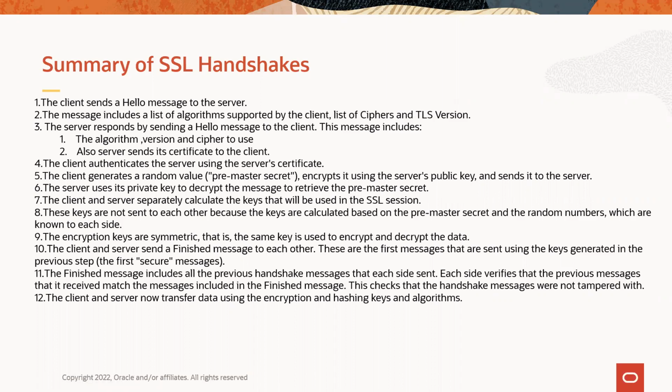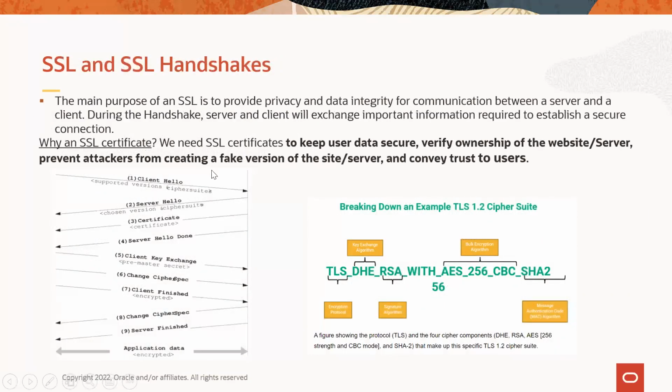If the server doesn't have the right private key, it would not be able to decrypt the message the client has sent. So over here, again, checking the information, the client hello packet would send the supported version and the cipher, and the server would send the chosen cipher, chosen version, and also the certificate, and also a message called server hello done, and the client would check all the information to see whether the certificate is correct.